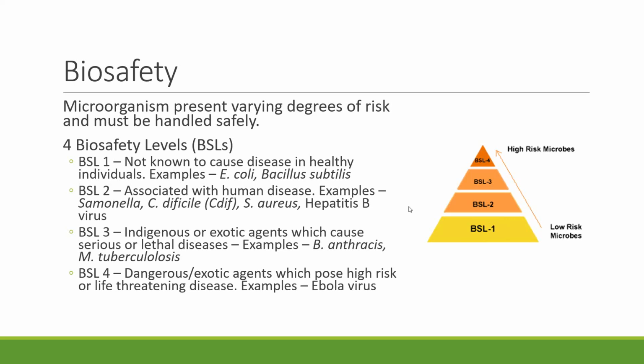A lot of times they're exotic, high risk, and life-threatening, like the Ebola virus. Now, in our in-person site labs, our wet labs, we only use biosafety level 1 as the majority. There are a few biosafety level 2 that we will use for demonstration.